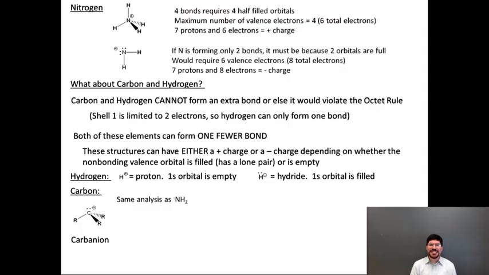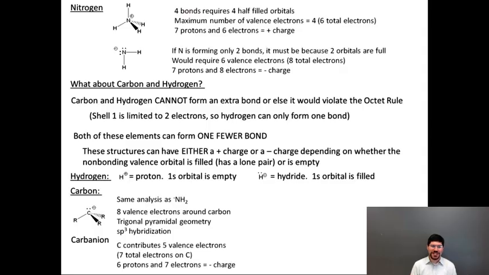We can analyze this the exact same way that we analyzed NH2-. We have 8 valence electrons around carbon. 6 of them are in the bonds and 2 of them are in the lone pair. Therefore, this structure must have trigonal pyramidal geometry. There are 4 electron pairs, but only 3 groups bound to it, and sp3 hybridization.